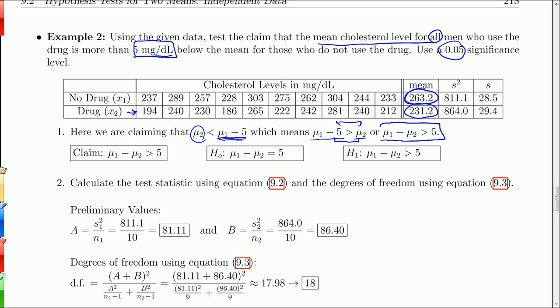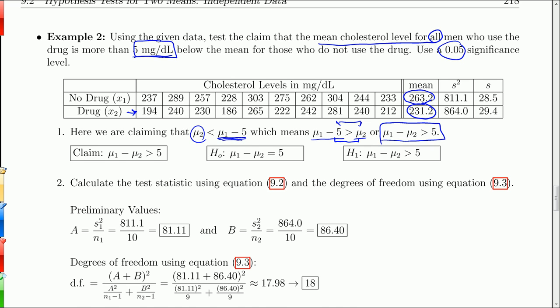And that should make sense. I'm saying that when you take the no drug group and subtract the mean from the drug group, that difference will be greater than 5. I mean, it's 30 here. Hopefully we can transcend to the population and at least get 5.